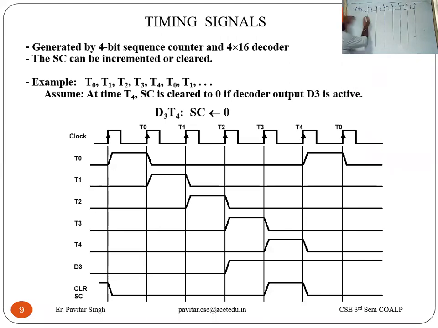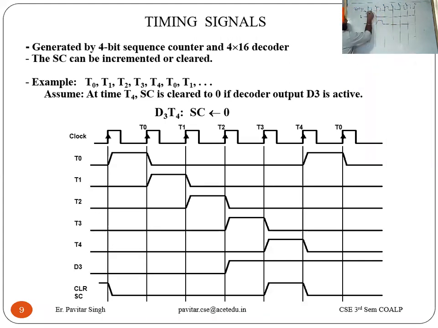How can you represent it here? You can find that the T0 signal is high at this point only, and at other points it will be taken as 0, right? So T0 achieves the value 1 at this interval only, right? Similarly for T1, your high transition will be achieved at this point, and for others it will be low.